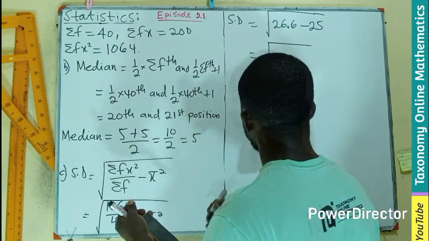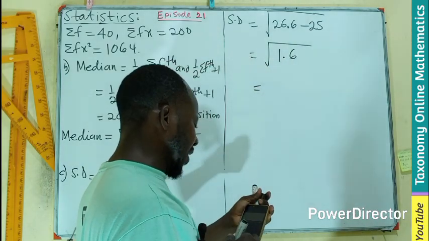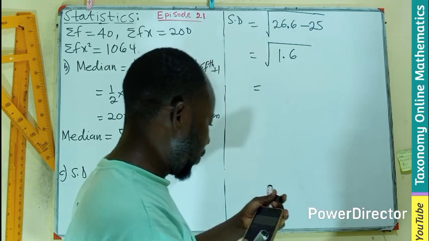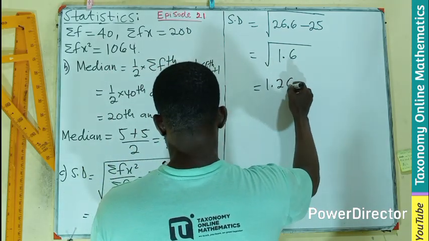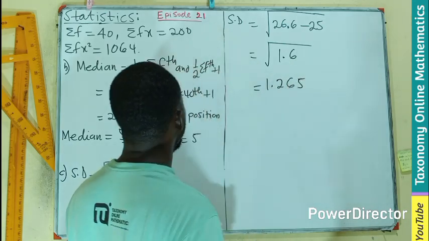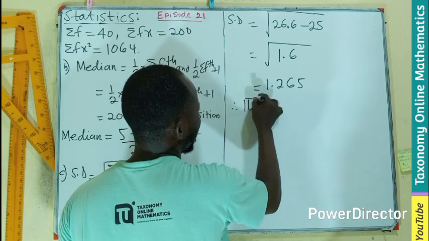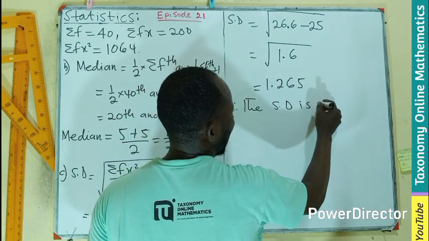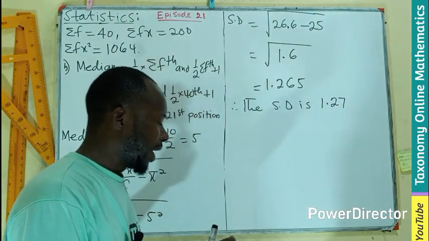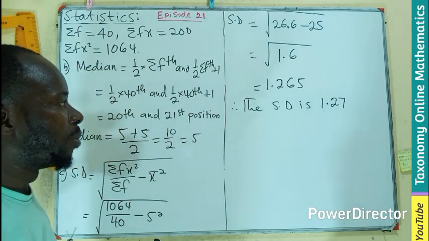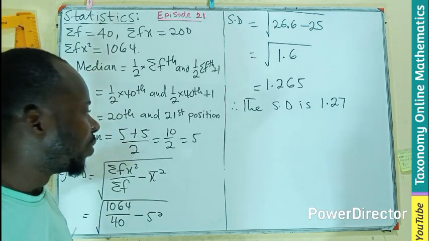If you subtract that, you should have 1.6, and putting that in our square root will give you 1.265. We are not told in which decimal place to leave the answer, so I can leave the standard deviation as 1.27. That is 2 decimal places. I am just using 2 decimal places; you can leave it in 3, 4, any place that you want.